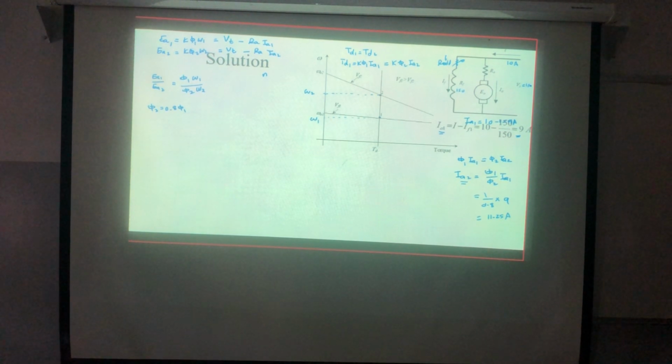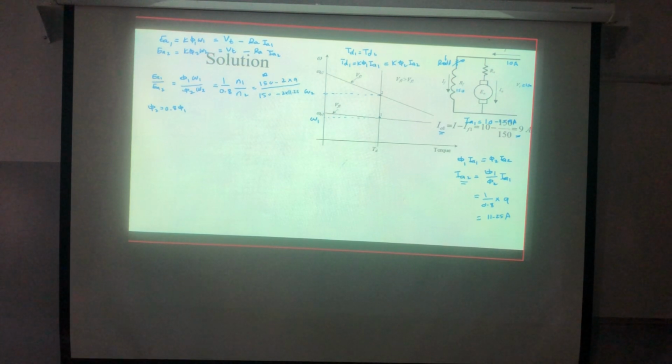Okay. So simply now, phi 1 over phi 2 is 0.8. And instead of omega 1, I can write N1 because I have N over N2, and this will equal the VT, which is 150, minus RA, which was 2, multiplied by 9, over 150 minus 2 multiplied by 1.25.